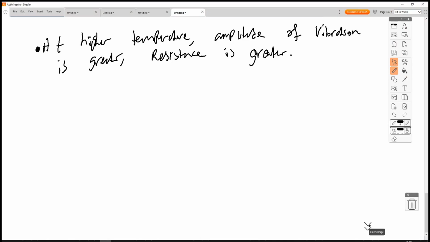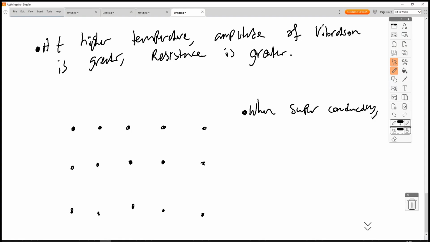If we draw the same thing again, but this time it's superconducting, so when superconducting, amplitude is 0, which means there's 0 vibrations.